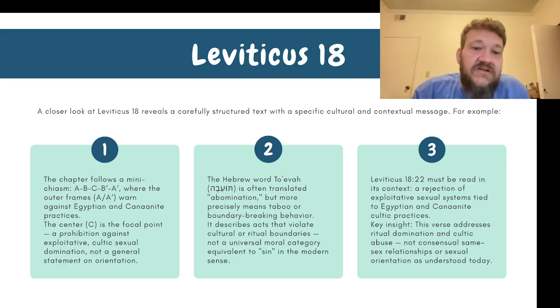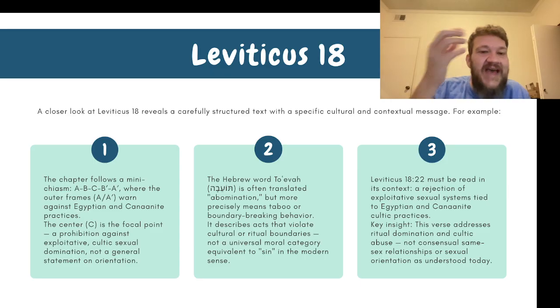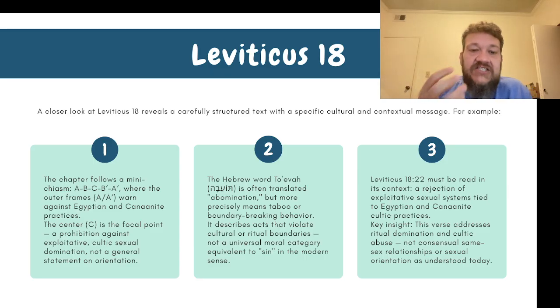The moral laws are prohibitions against things like murder and theft, oppression, the commands to take care of the poor, to treat workers fairly, to avoid slander and vengeance, and to love your neighbor. Those are moral things. The sexual purity laws have nothing to do with ethics and morality. It has to do with purity and setting them apart.